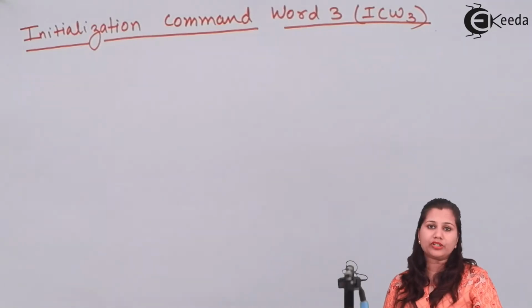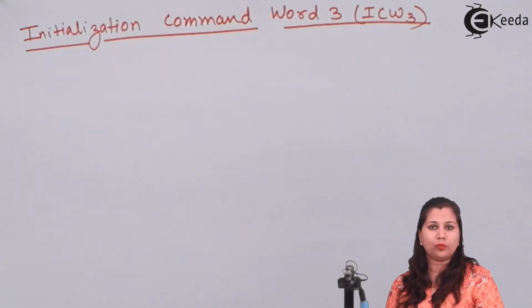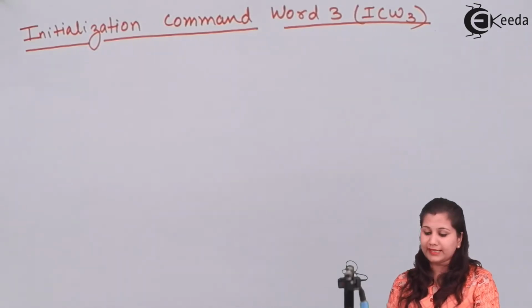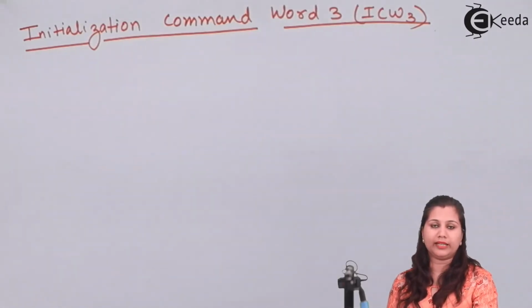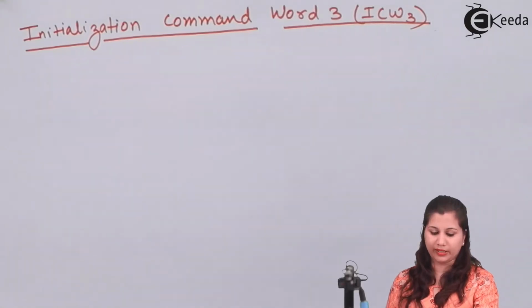The first two initialization command words, ICW1 and ICW2, were the compulsory command words, whereas ICW3 and ICW4 are the optional command words. Now this command word ICW3 decides whether the 8259 IC is working in the master mode or the slave mode. So let us see what the 8 bits of this command word describe.